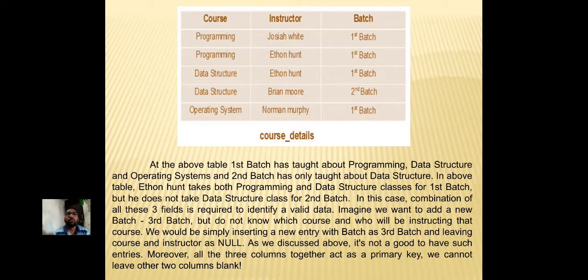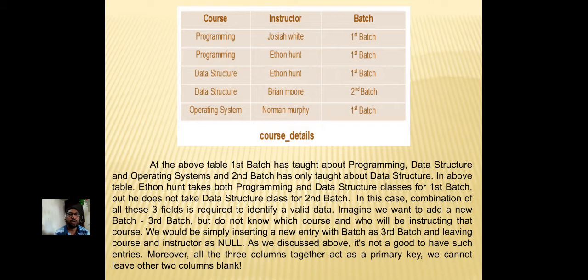In the above table, Ethan Hunt takes both programming and data structure classes for the first batch, but he does not take data structure classes for the second batch. In this case, a combination of all these three fields is required to identify valid data.